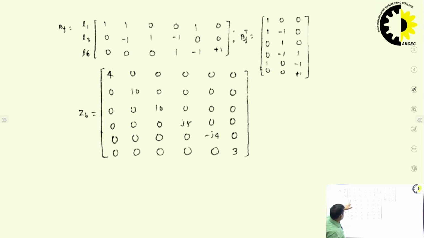So, 4 is the impedance of branch 1, 10 is the impedance of branch 2, this 10 is the impedance of branch 3, this j5 is the impedance of branch 4, branch 5 and branch 6. These are the diagonal elements we can see here.